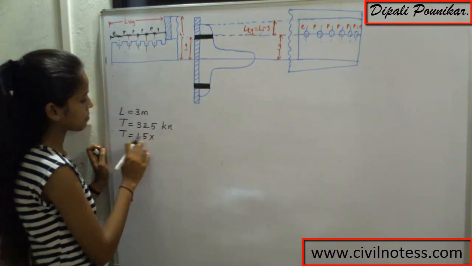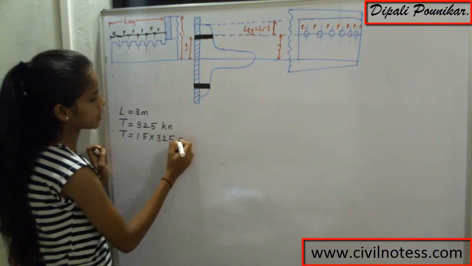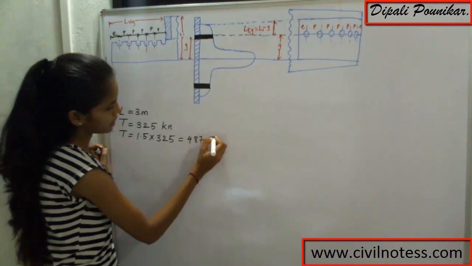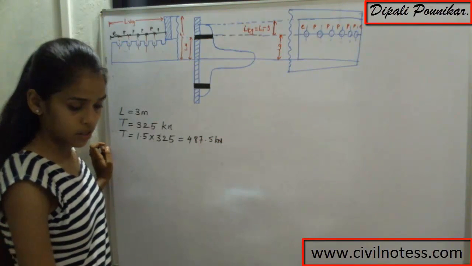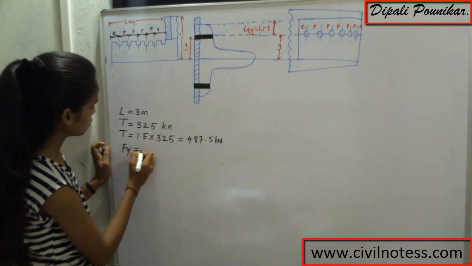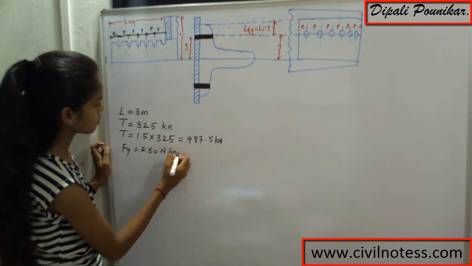Now we multiply 1.5 into 325. After calculating this value, we get 487.5 kilonewton. After that, E250 means Fy equals 250 Newton per mm square.